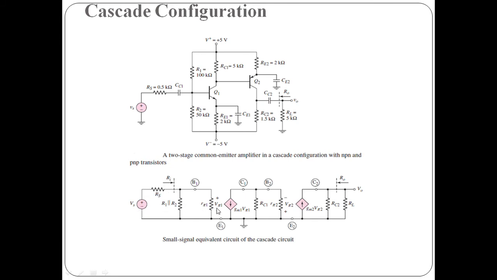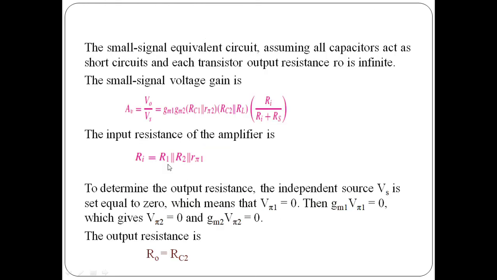That will give Vπ1 divided by Vs. So Vπ1 divided by Vs can be written as R1 parallel with R2 divided by Rs plus R1 parallel with R2.